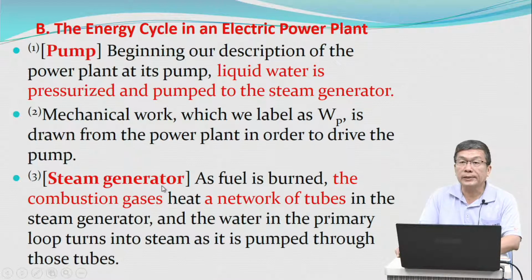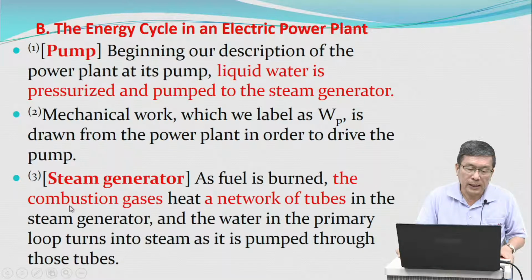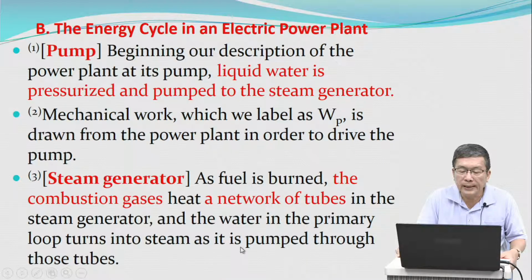Steam generators. As fuel is burned, the combustion gases hit a network of tubes in the steam generator, and the water in the primary loop turns into steam as it is pumped through those tubes.